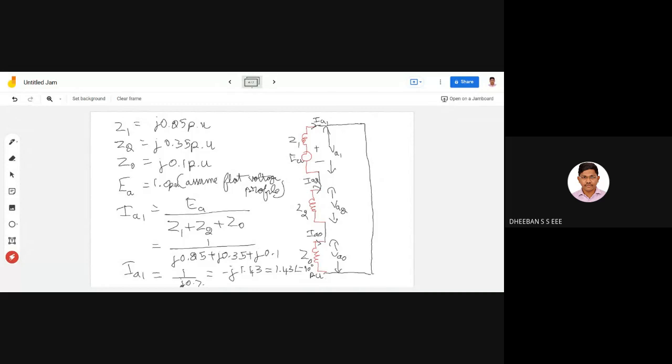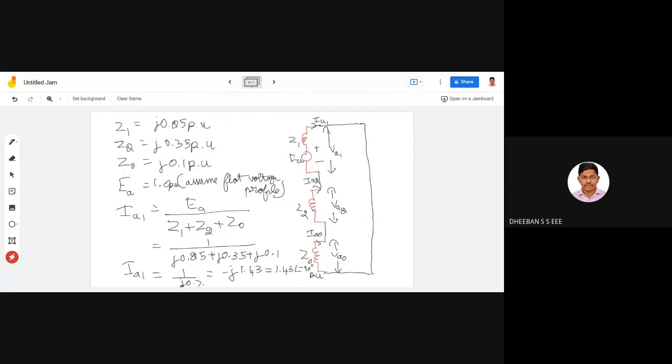Coming to the next one, these Z1, Z2, Z0 are the given values from the problem statement. Z1 is J0.25, Z2 is J0.35, and Z0 is J0.1, all in the problem statement.